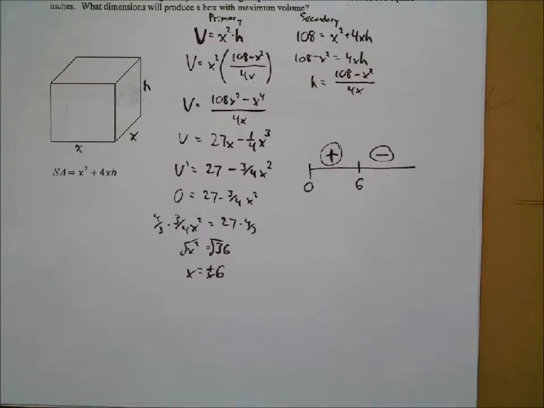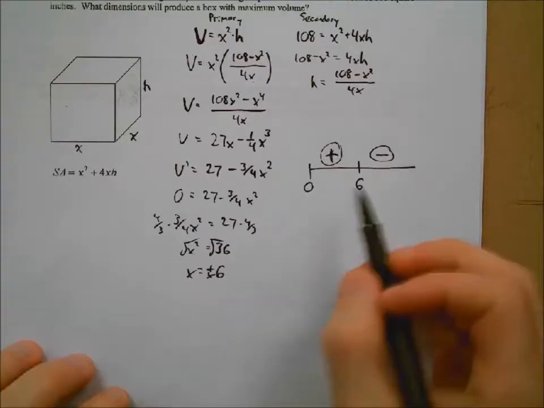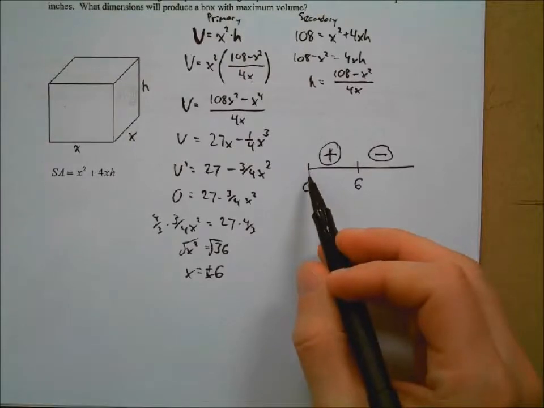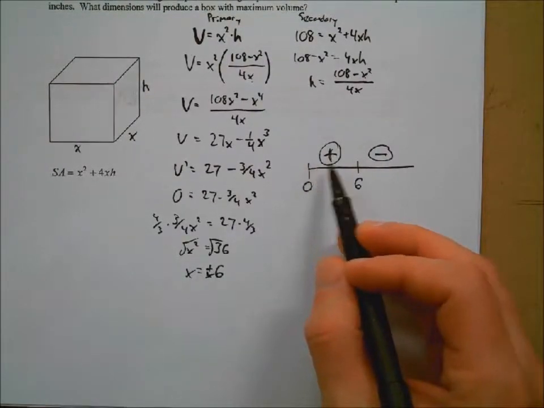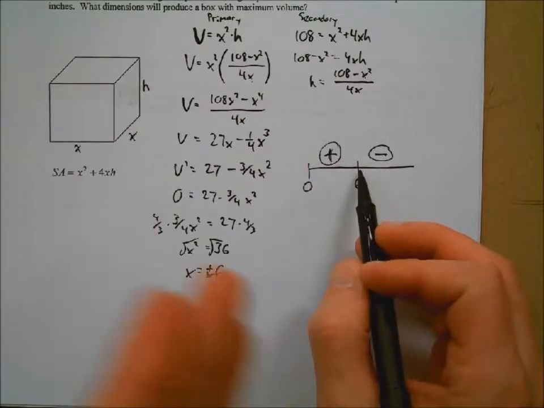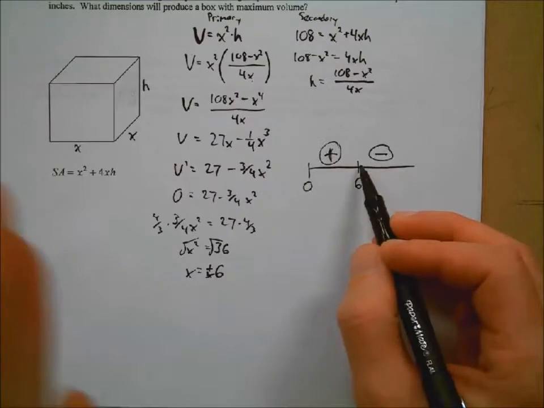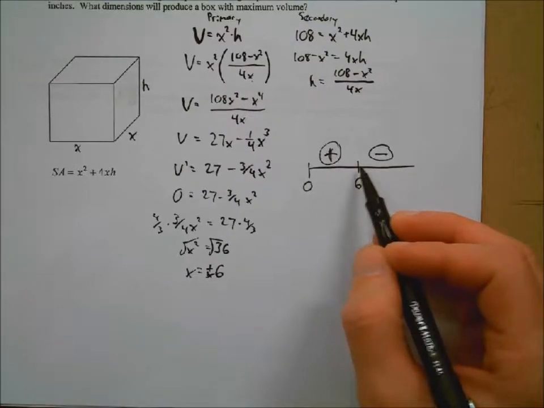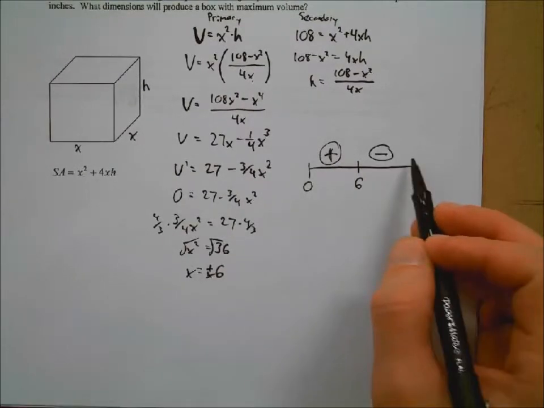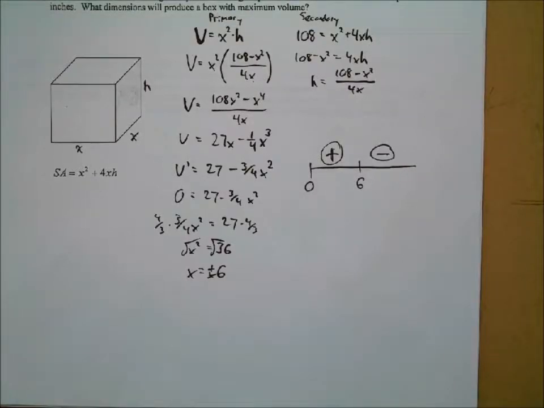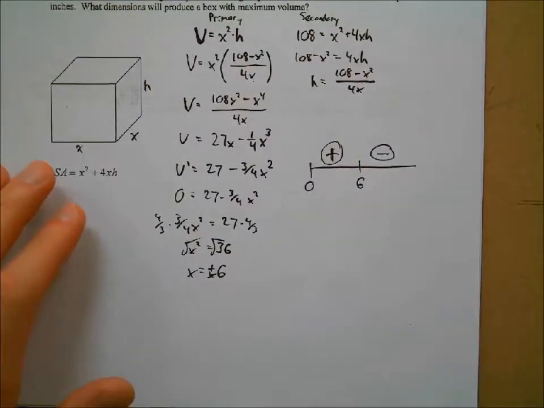Prior to 6, starting at 0, which is the lowest we could possibly have our x value, v is increasing all the way up to 6. And then once we hit 6, v starts to decrease. The volume is going to keep decreasing in that interval. And so where's our maximum? The maximum is at 6.